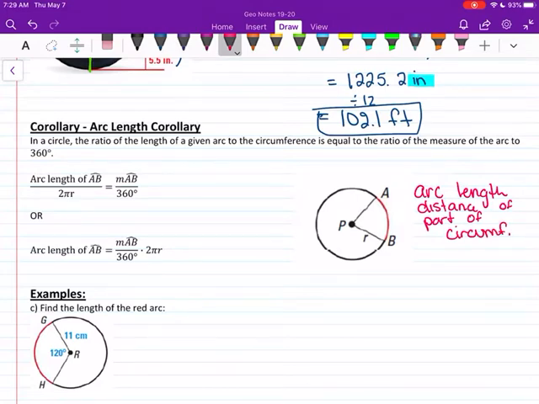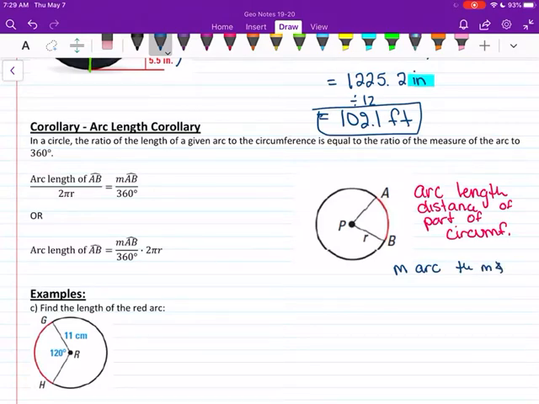And then we also have the measure of an arc. The measure of an arc is the central angle. So that is the measure of the angle.